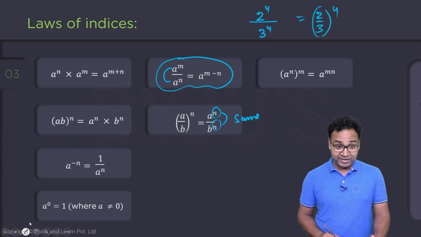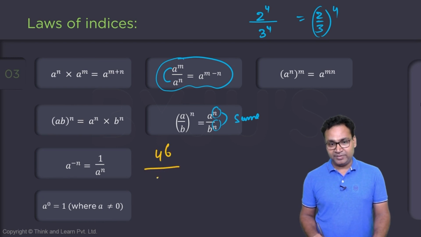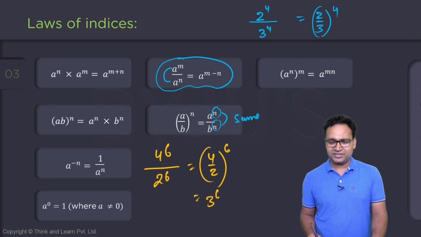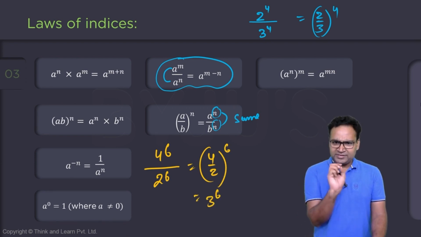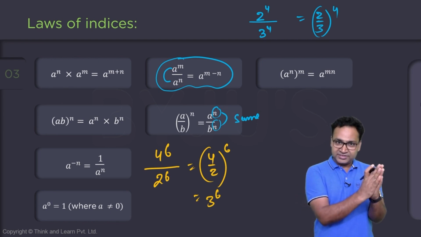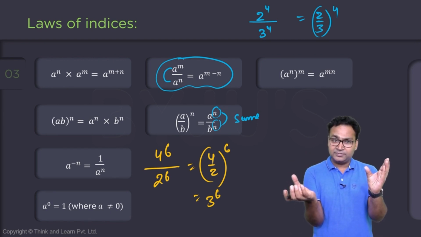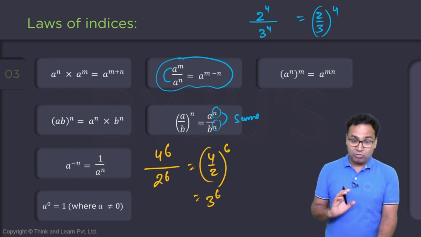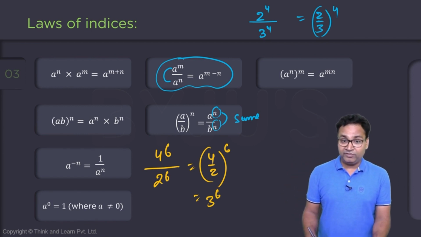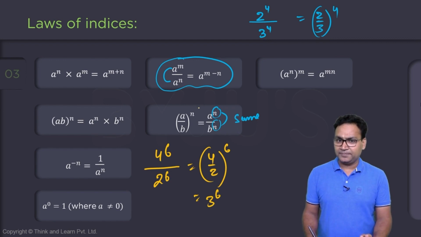Or I can make it even nicer: 4 power 6 divided by 2 power 6. I can write this as 4 by 2 power 6, or I can say this is 2 power 6. So what is the simple rule? Power is the same, operate on base. Base is the same, operate on power. Got my point? This is really important when you come to the simplification part.